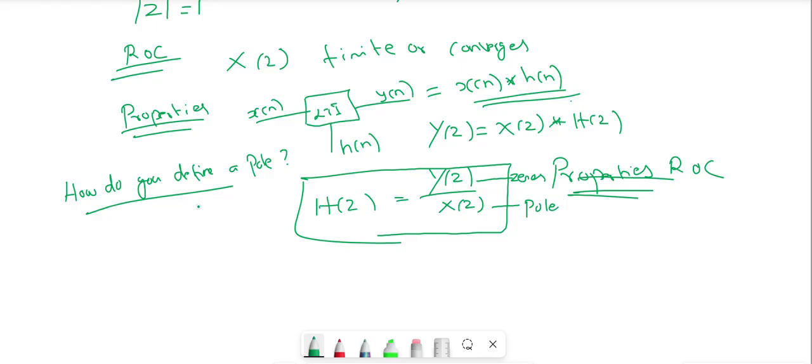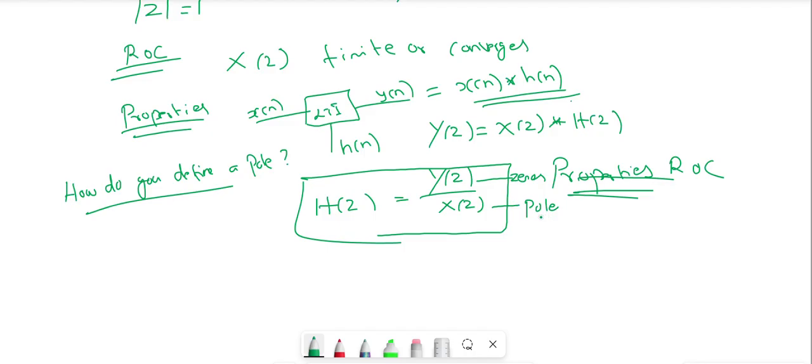Now how do you define a pole? The system function has a pole at which the amplitude of the system becomes infinite. Which means, if you want the system to have a finite amplitude, we must avoid operating the system in the region of poles of the transfer function. This is a transfer function, numerator polynomial by denominator polynomial, and the denominator polynomials are called the poles of the system.